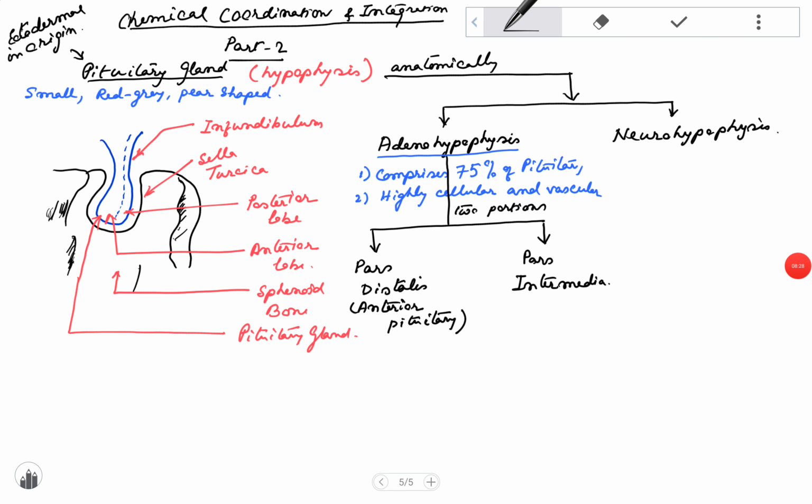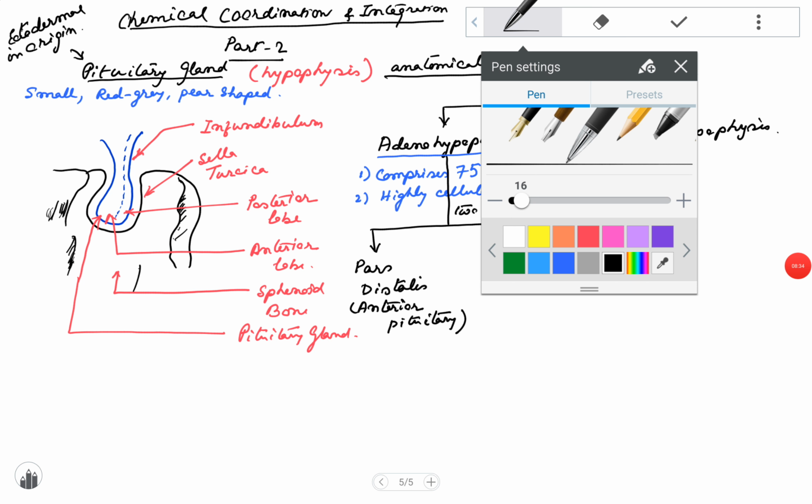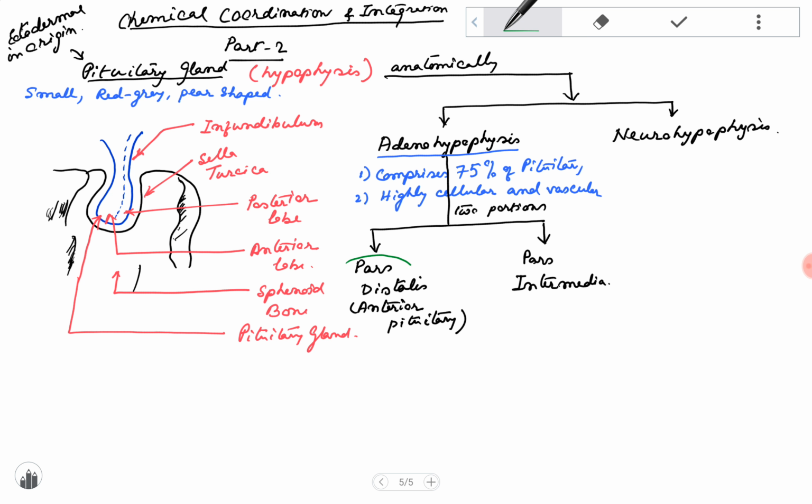Now in humans, the pars distalis and pars intermedia, these two portions, are almost merged.